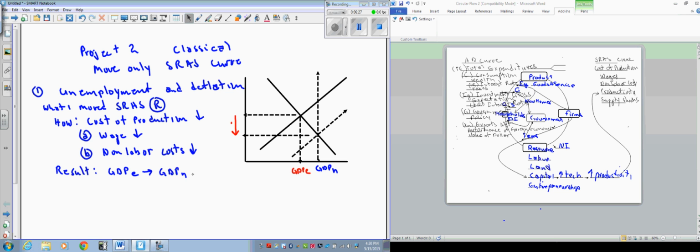Here, unemployment will decrease to natural rate of unemployment.